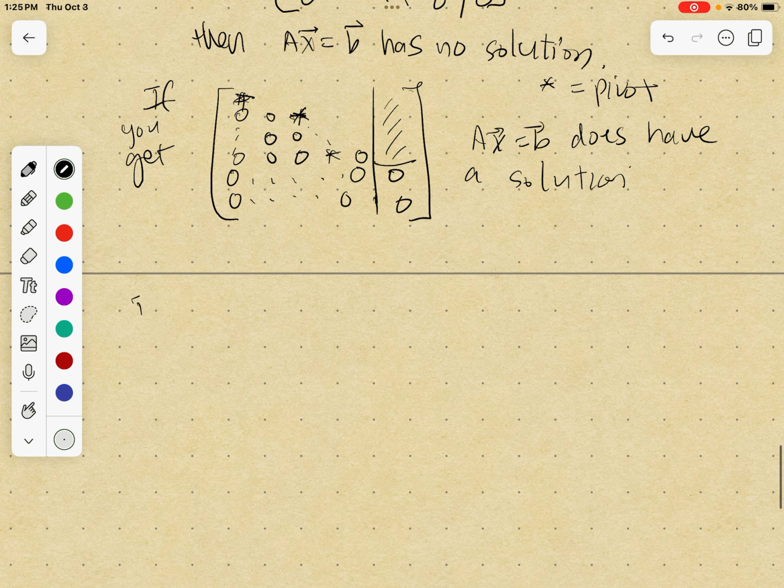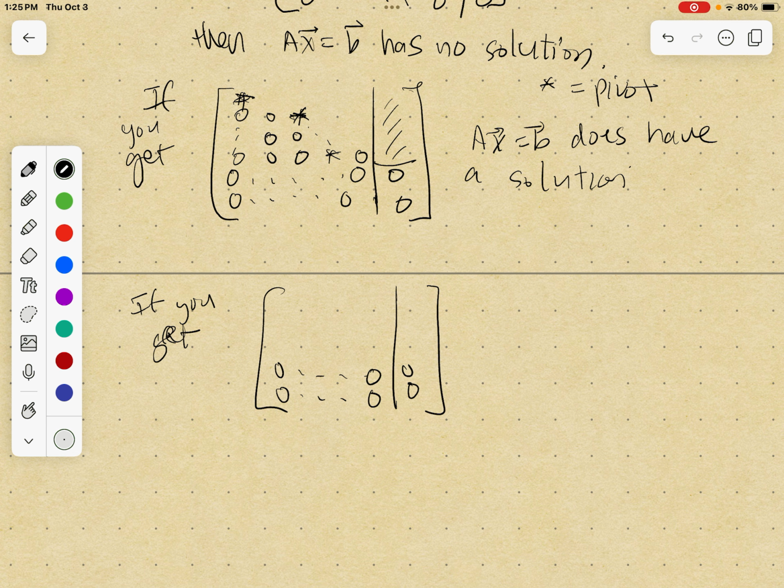Now, do you have one solution or infinitely many solutions? Let's throw in some zero rows. If you have a pivot, you're looking for free columns. If there are no free columns, no free variables, and the system is consistent, then Ax equals b has one solution.